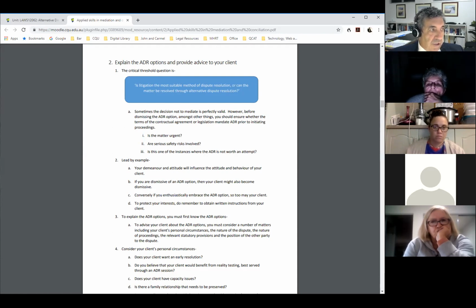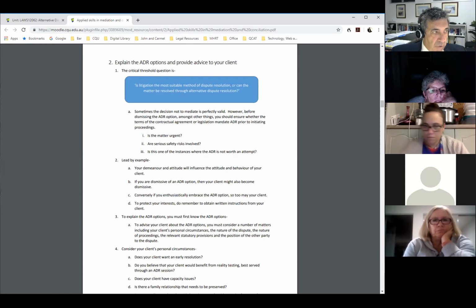Now, sometimes the decision not to proceed to mediation is perfectly valid. In other words, just because ADR exists doesn't mean it must be used in every litigation. There may be good reasons to immediately and solely embark on litigation.